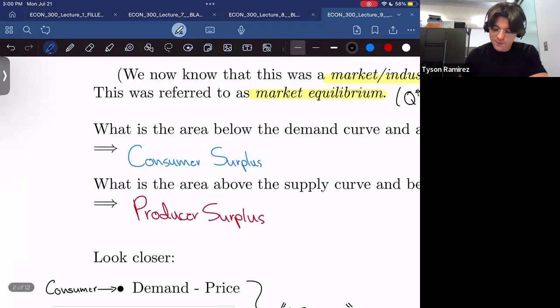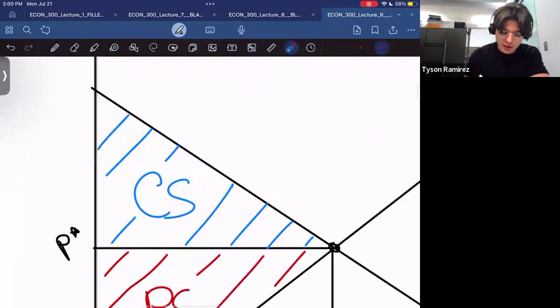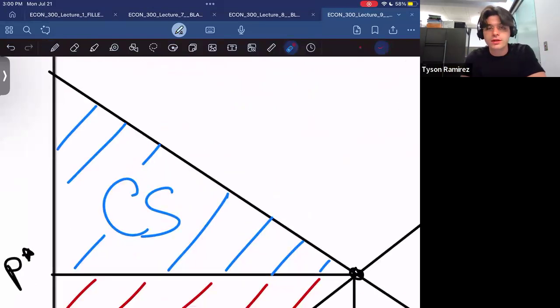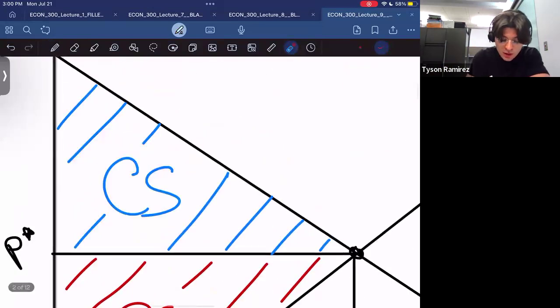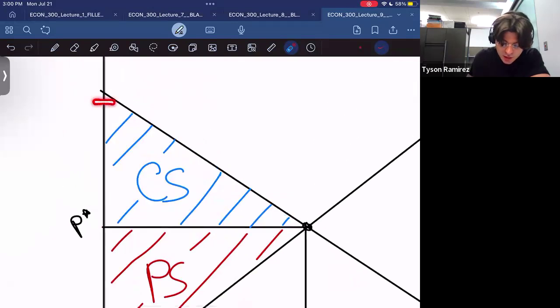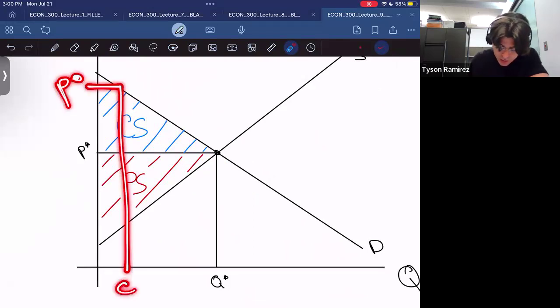Looking a little bit closer, just getting a bit more intuition for this stuff. Why is this a surplus? Why do I consider this area a surplus? Because, remember, the demand curve told me that at this price, I guess I'll have to zoom out just a bit, at whatever this price is, the consumer only wants this much stuff.